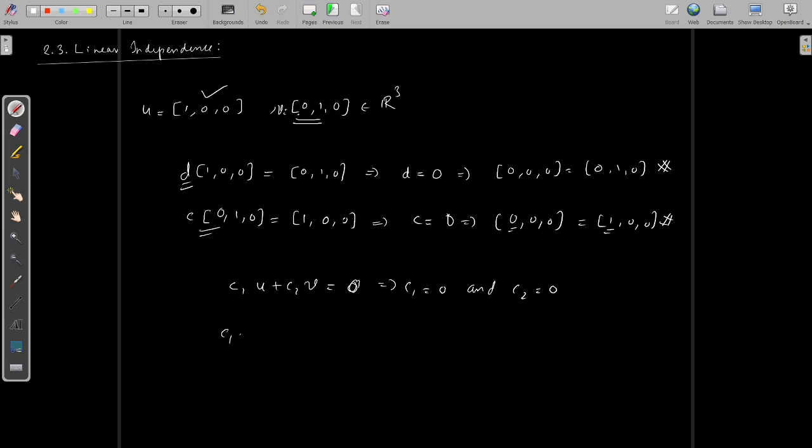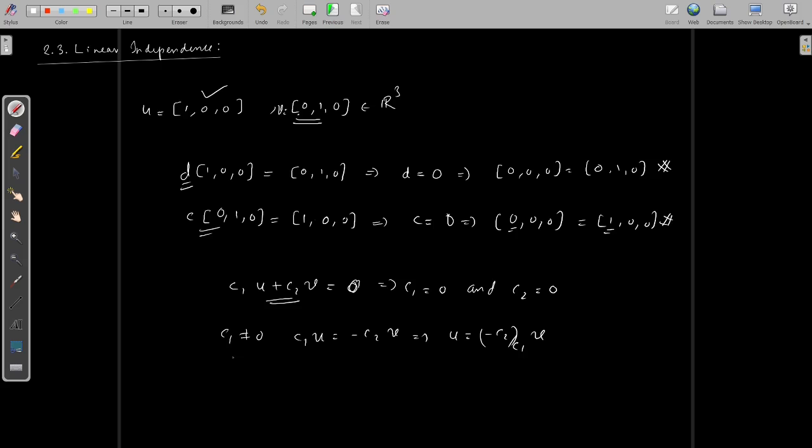Otherwise, what happens when c1 is not equal to 0? From this expression you can write c1 u is equal to minus c2 v. Consequently, u can be written as minus c2 by c1 times v.